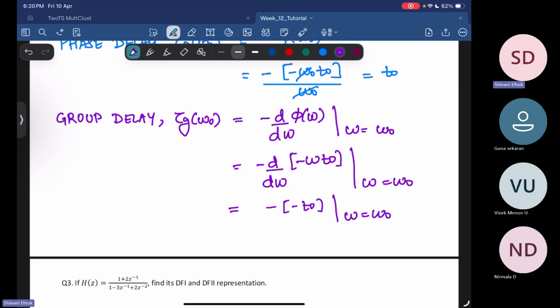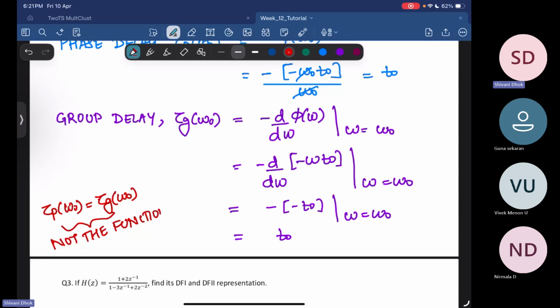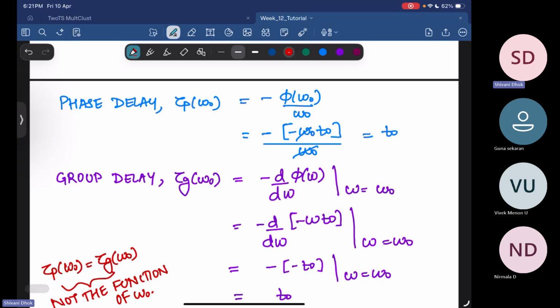This is not a function of omega naught, so this is nothing but t naught. So for this particular example, what do we get? We essentially get that the group delay is equal to the phase delay, and these are not functions of omega naught. Is it clear?